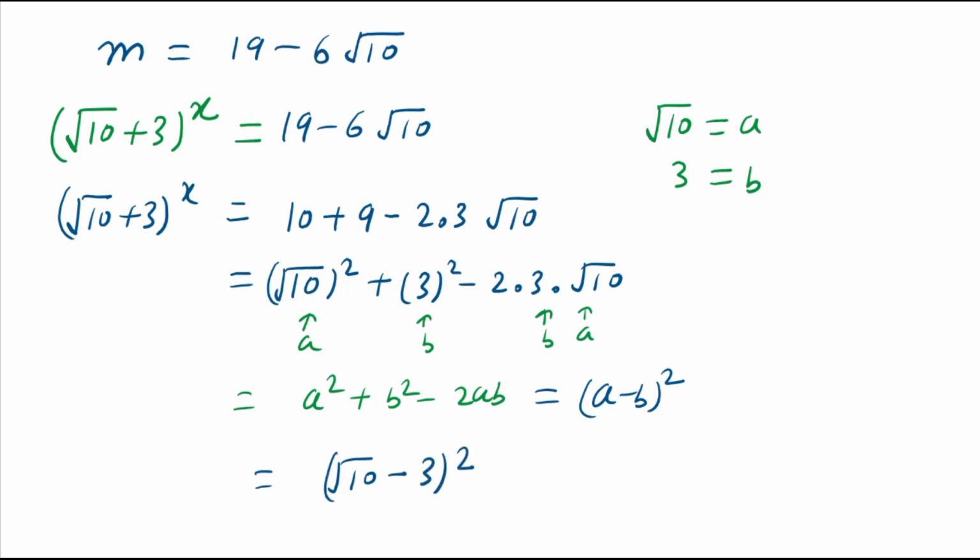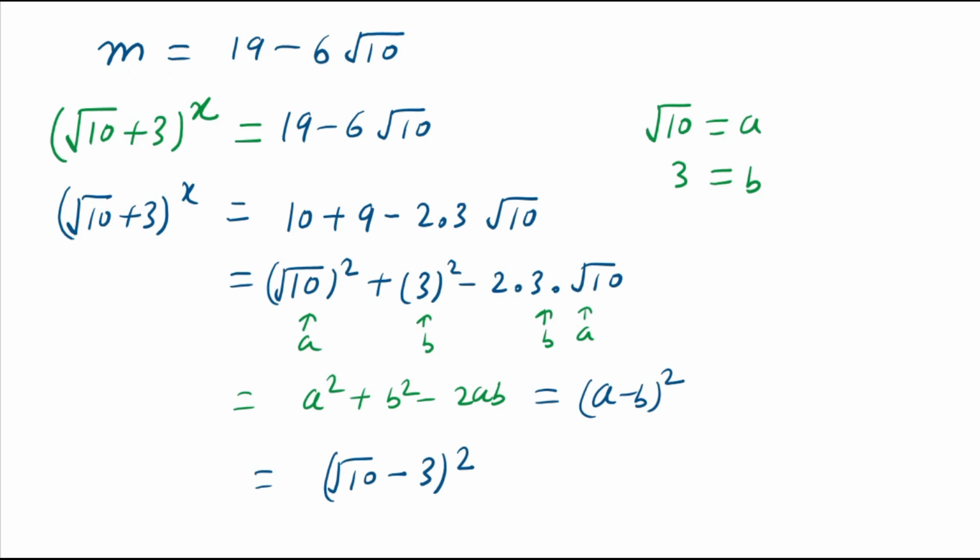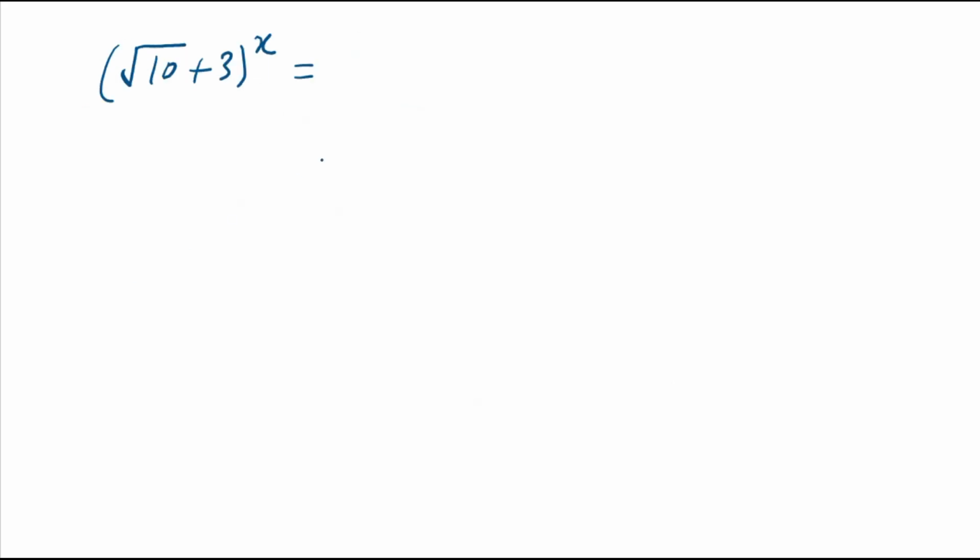On the left hand side is (square root of 10 plus 3) to the power x, and this is equal to (square root of 10 minus 3) to the power 2.